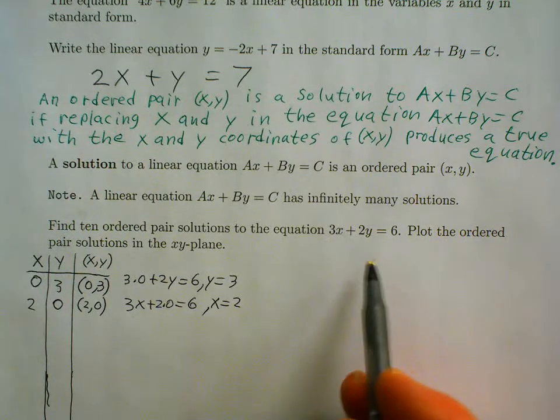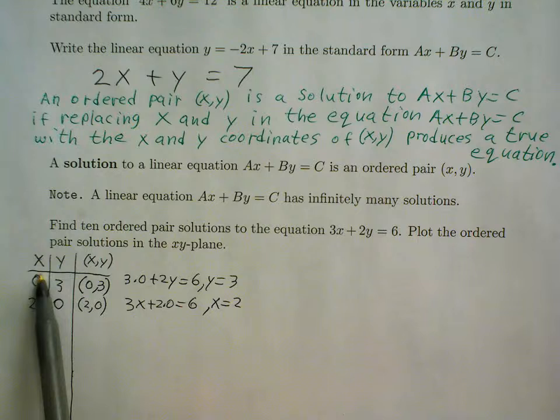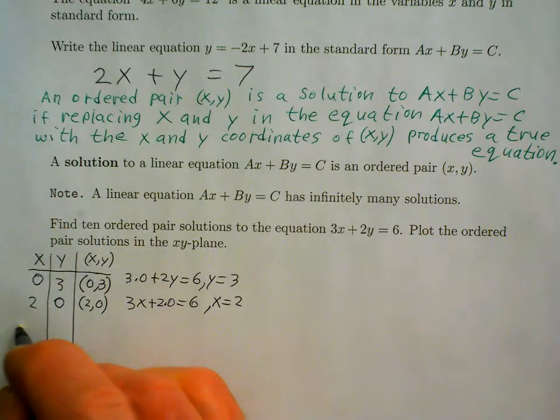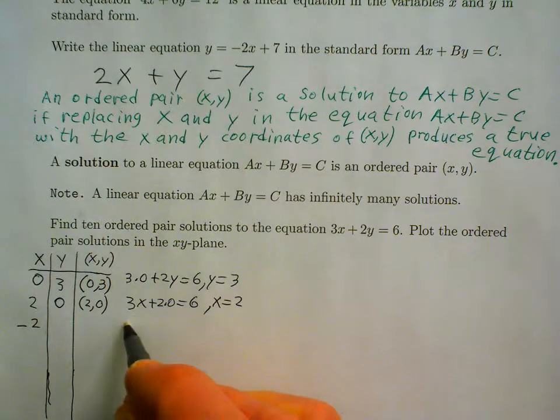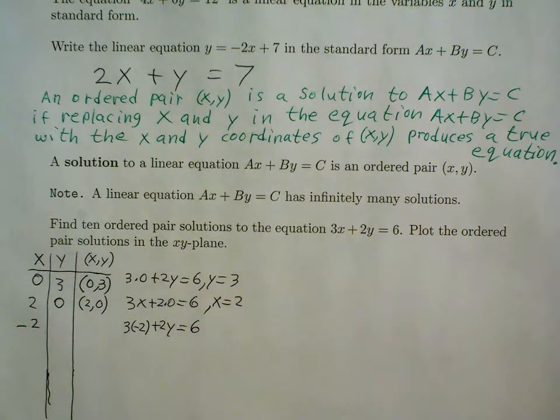But if we pick x to be another number besides 0 or 2, how about if I pick x to be -2? So this gives us 3 times -2 plus 2y equals 6.